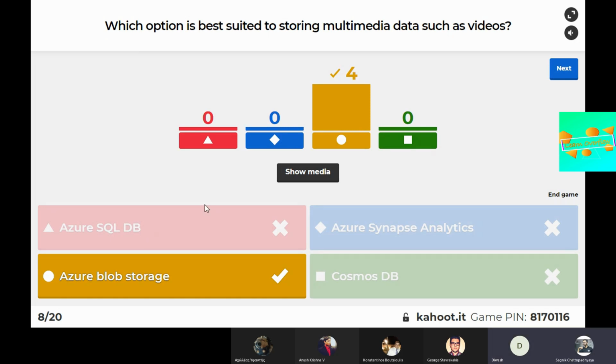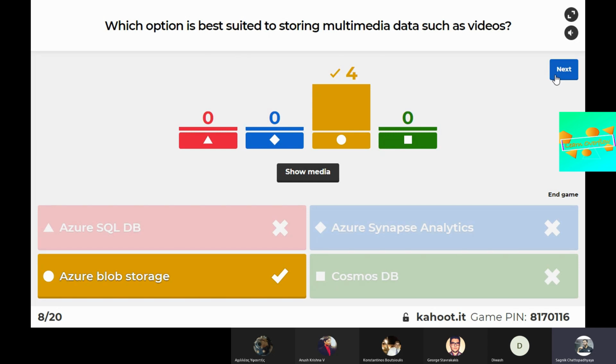Does anyone know the role of Azure Synapse Analytics? For Azure Synapse Analytics, I guess this particular Learn Path is not suitable for it. We need to go towards the last Learn Path, and in the next sessions we'll discuss it. The first Learn Path is not the perfect one.